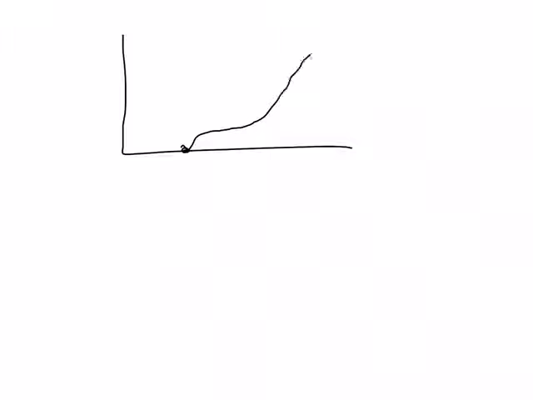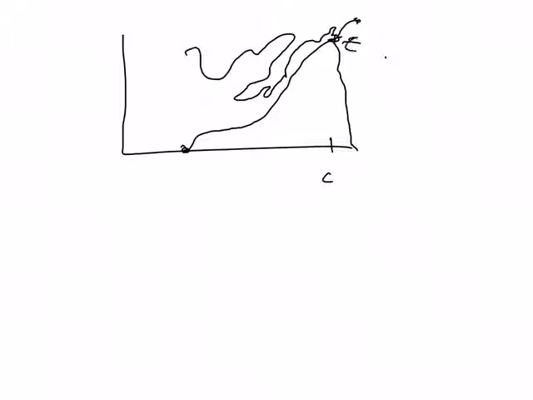So one day you go like that, and the next day you can do something crazy, I don't know, like that, trying to avoid, but if you want to end up in the bottom, eventually you have to cross, and right there you crossed, and that's where this is c. This is c, and this is f of c equals g of c.